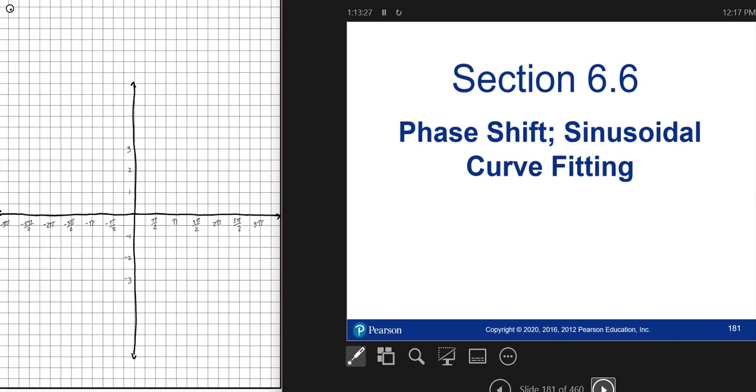So we'll have a sine function that will model the data. Whenever you create a mathematical model that explains the data, it does not mean that each data point is on the curve. It means the curve approximates the data. So it's a good predictor.